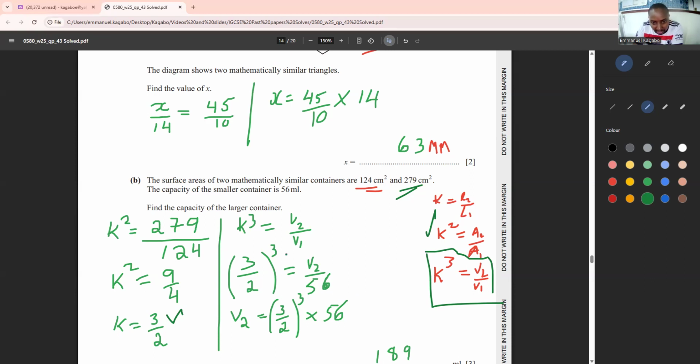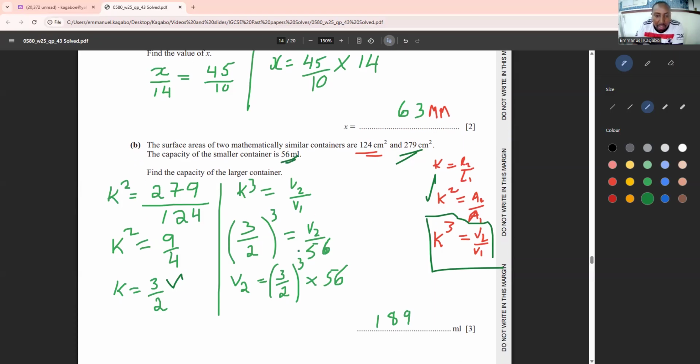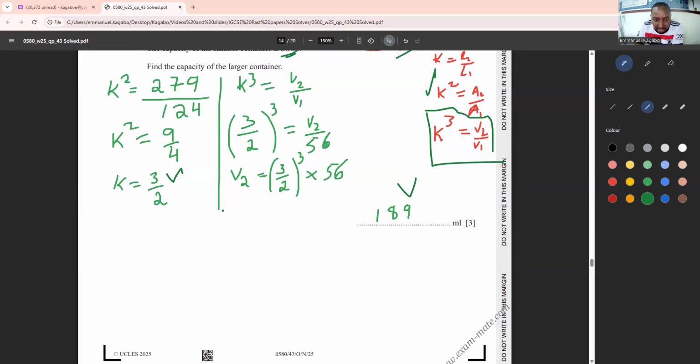That's why I did (3 over 2) to the power 3 equals big volume over small volume, because they told you the small volume is that. So cross multiplication. So V2 will be equal to (3 over 2) to the power 3 times that, and work that out in the calculator, and that is it. 3 marks in the exam.